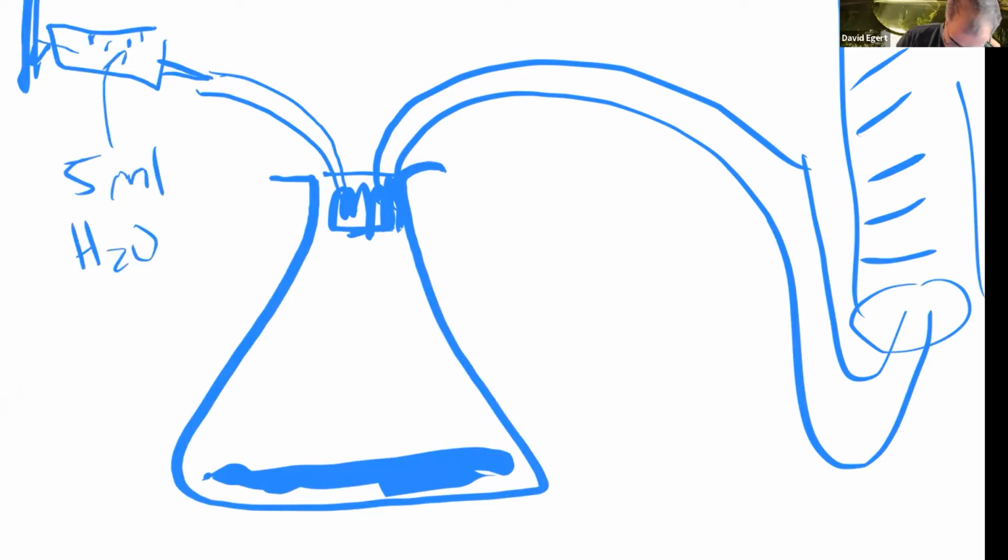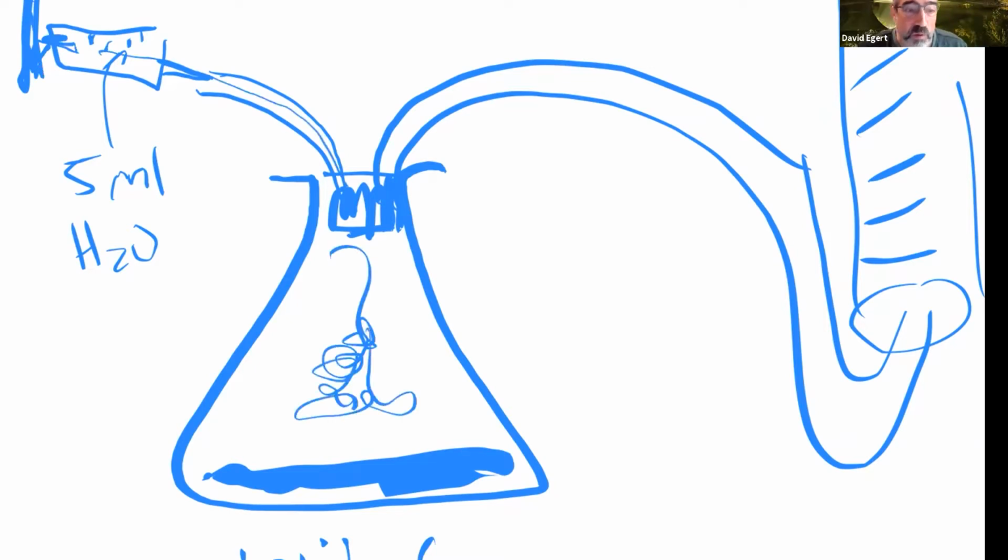So this is trial 6 here. At time equals 0, you're injecting 5 mils of water down into here, right? What was in that flask before you injected the water, even though it was invisible? Air. It's filled with air. You just don't see it.